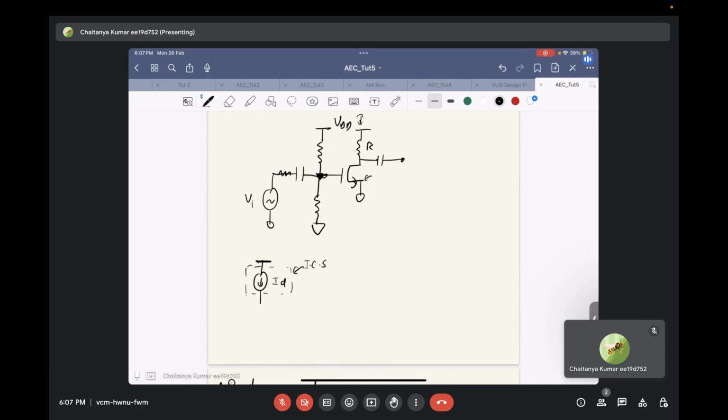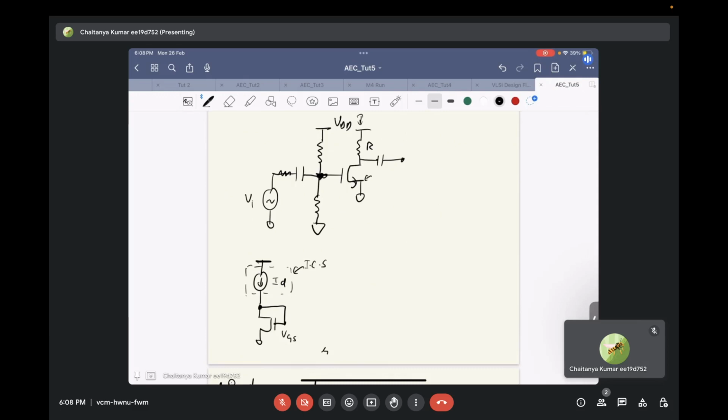Either it's sourced from an external IC, or it is generated internally, and we push it into a diode connected transistor.